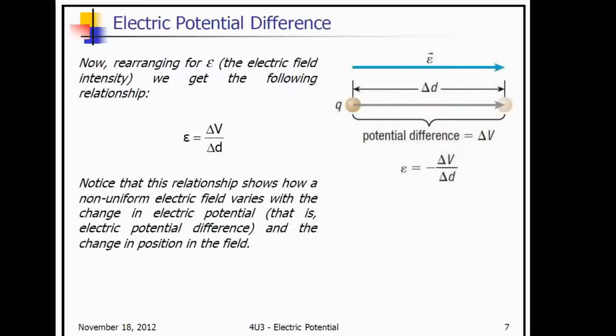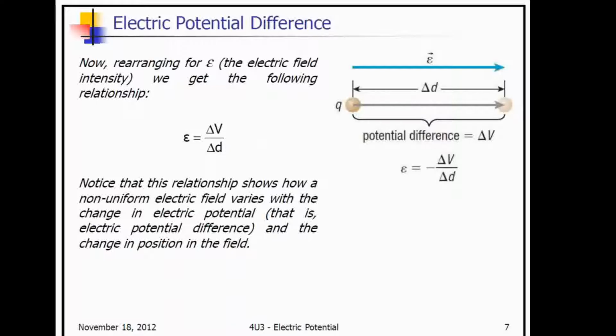So rearranging for epsilon, which is the electric field intensity, we can then get the following relationship, which is epsilon is the change in the potential difference divided by the displacement. Notice that this relationship shows how a non-uniform electric field varies with the change in electric potential and the change in position in the field.